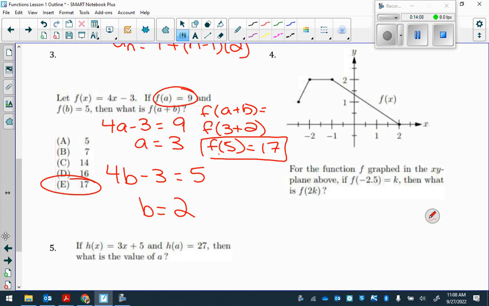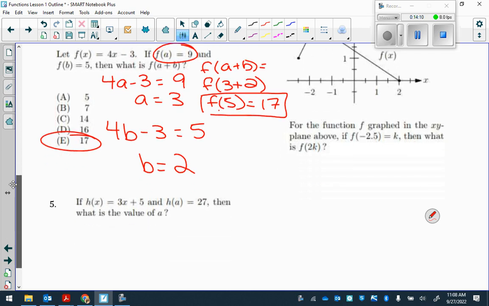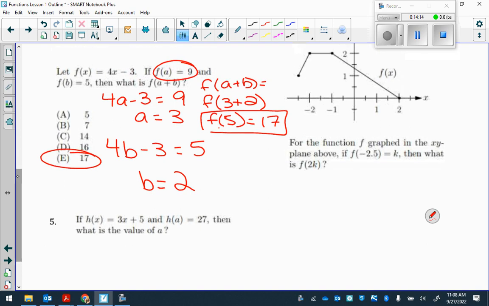Number 4, another multi-step, f of -2.5 equals k. Well, k in this case represents what? Y. So, f of -2.5, we need to find that y value. So you look at the graph, -2.5 is here.